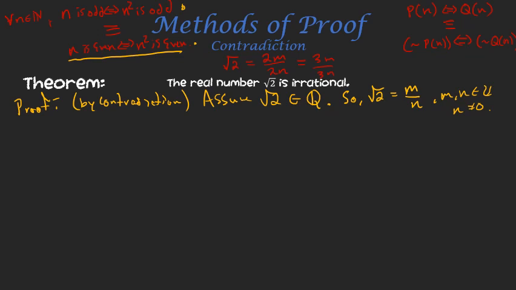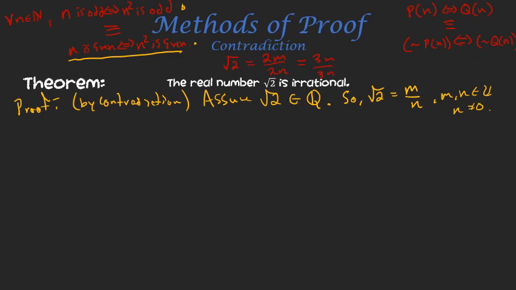But I can actually go the other way. I'll try to convince you that I can cancel off all the factors between m and n when I write square root of 2. That is, I could write square root of 2 as m over n, where m and n don't have any common factors.